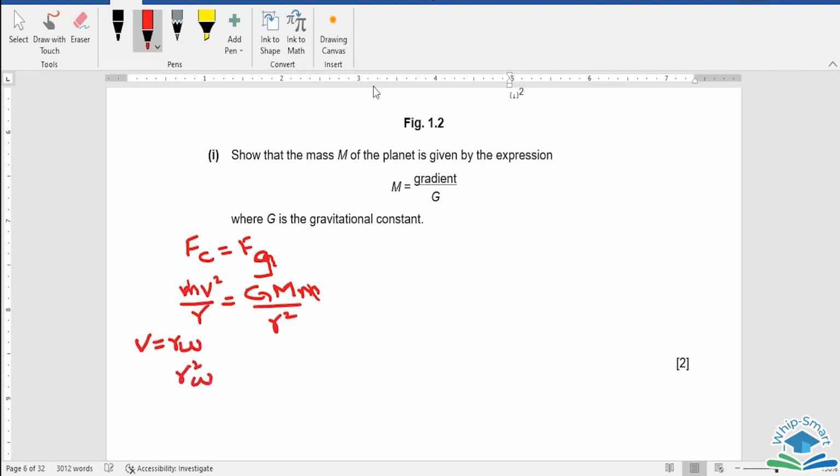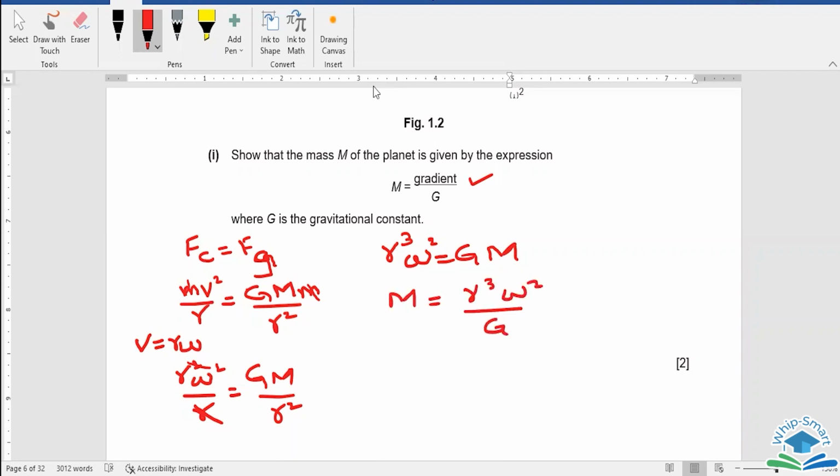We will get r square into omega square upon r is equal to capital GM upon r square. So we will cancel r with r square and move it to the other side. We will get r cube omega square equals capital GM. We have to get the formula in the question. So M equals r cube omega square over G. So r cube omega square is now the gradient. So M equals gradient over G.